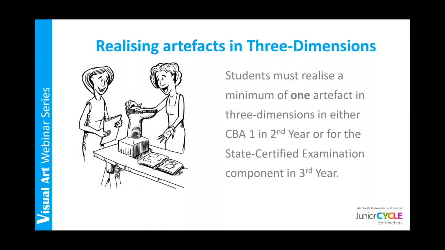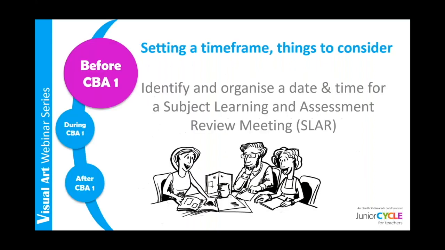It is important to note, students must realise a minimum of 1 artefact in 3 dimensions in either CBA 1 in Year 2 or for the State Certified Examination or Final Assessment in Year 3. However, students can realise more than 1 3-dimensional piece across the 2 years.